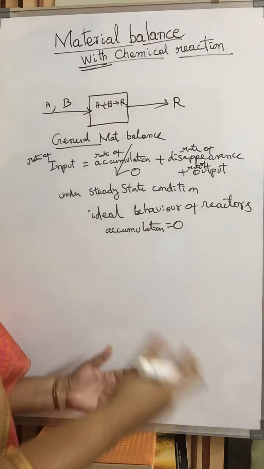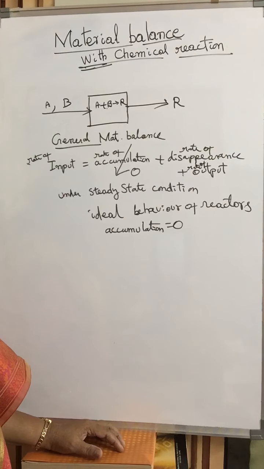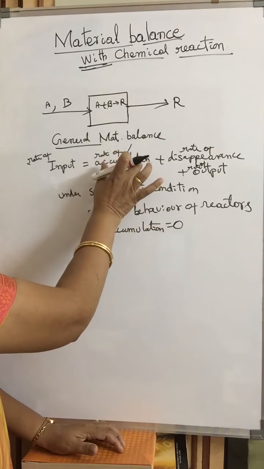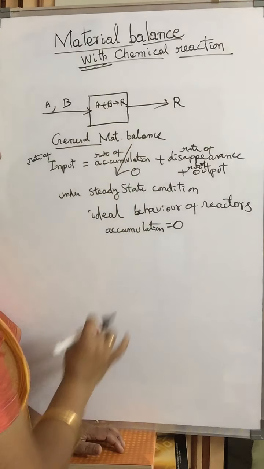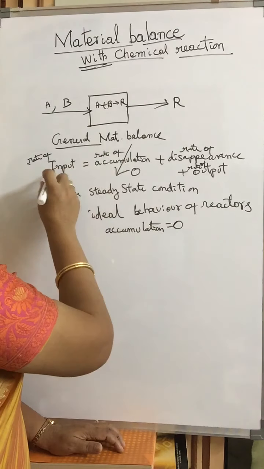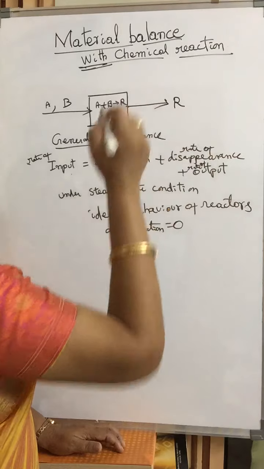So our discussion will be on ideal behavior of the reactors only, and we don't take this term in our problems. Accumulation is equal to 0. Then rate of input equals disappearance plus output.